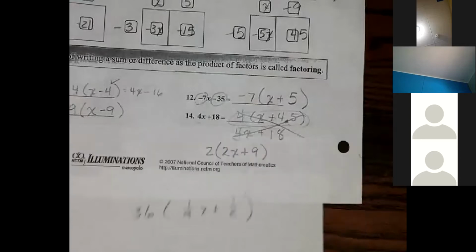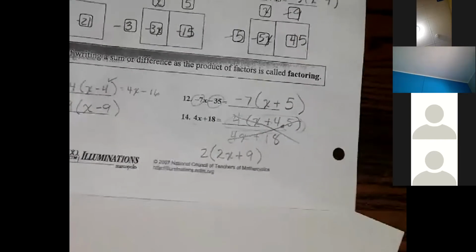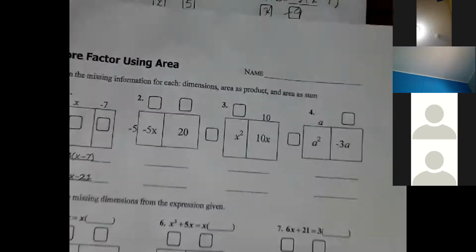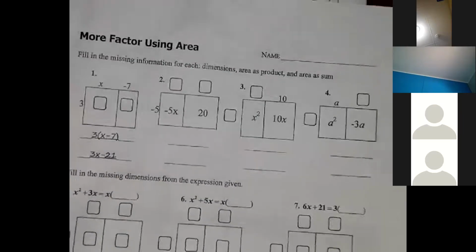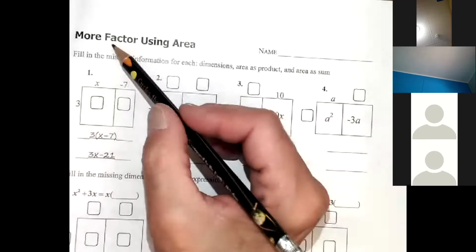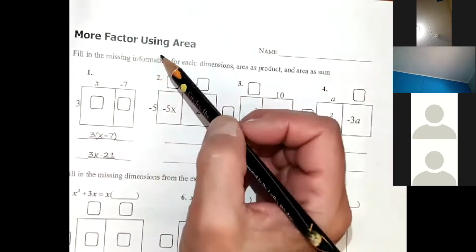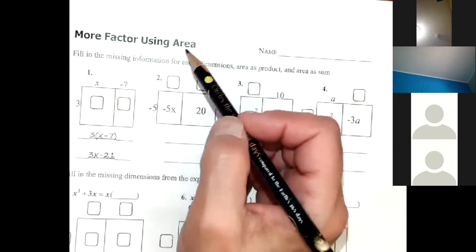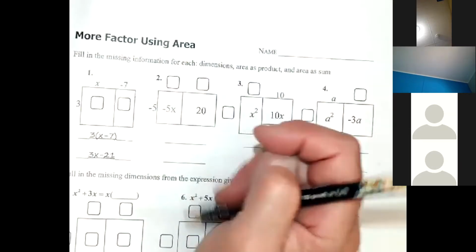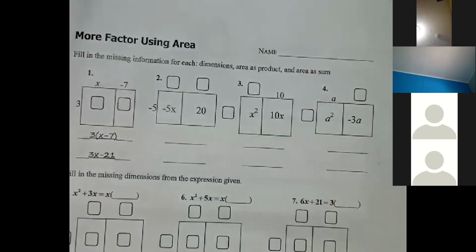All right, so it's really hard for me to tell how much of this is sinking in. There's 2 more pages of this, which just gets a little bit more challenging as you go on. I put these in here just for people that could do all the other ones easily.